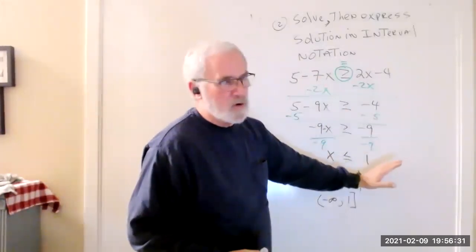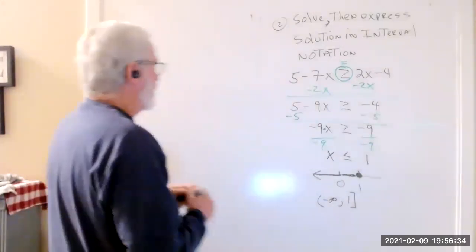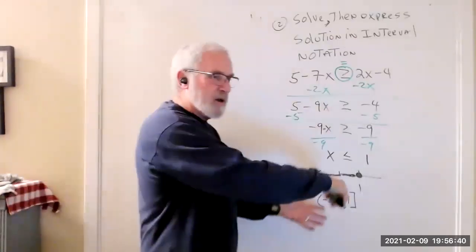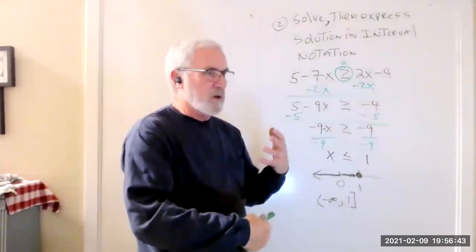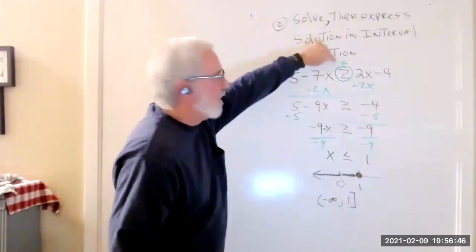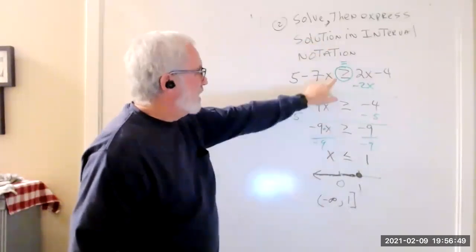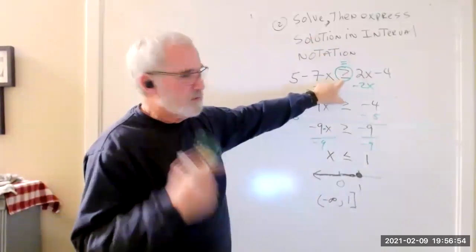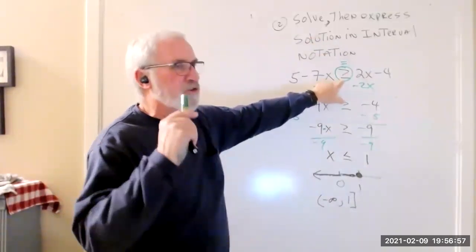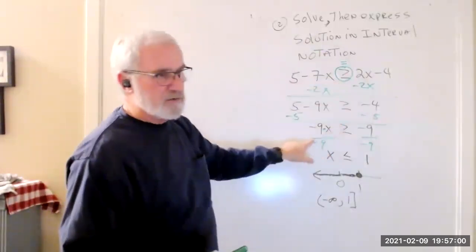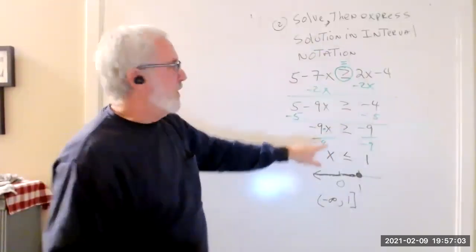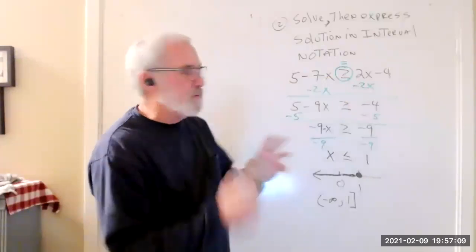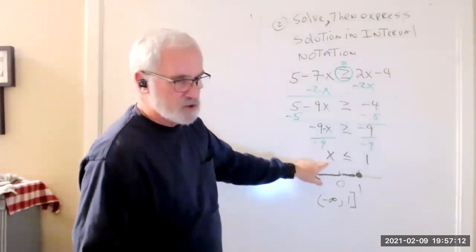You guys asked me that tonight a couple times. Some of you had the 8x on one side and the 4 on the other, and some of you had it reversed. Those were all equalities. But when it's an inequality, it is safer, notice I didn't say required, but it's safer if you maneuver your x to be on the left-hand side.